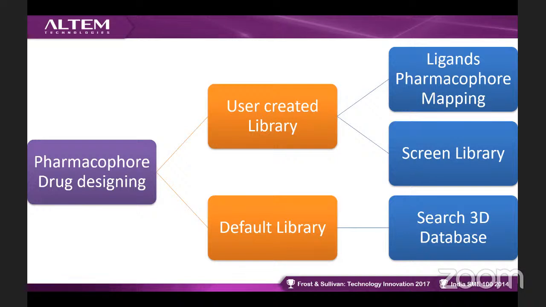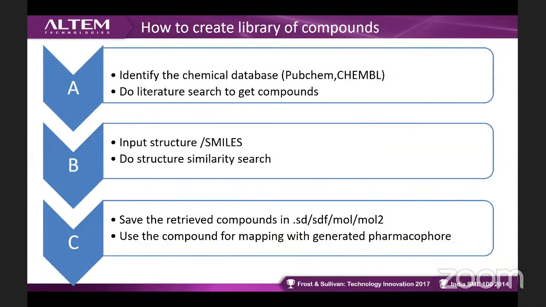But what is the actual requirement for this? How do you create a library of compounds? In case you want to build a database, first you identify the chemical structures and search popular chemical search engines like PubChem or ChEMBL, or you can use ZINC15, whatever it is. You do research to get the compounds and input the structures in any format.